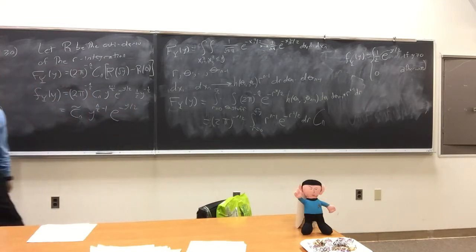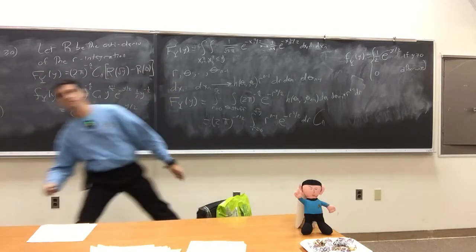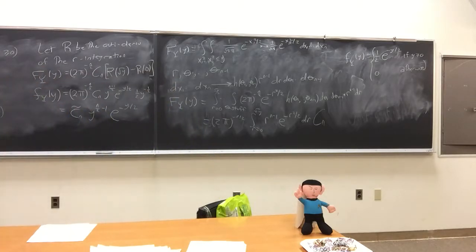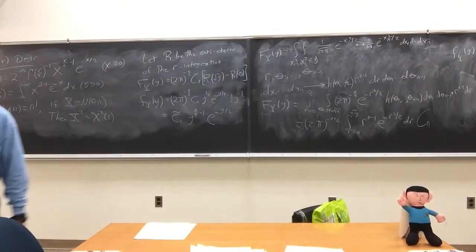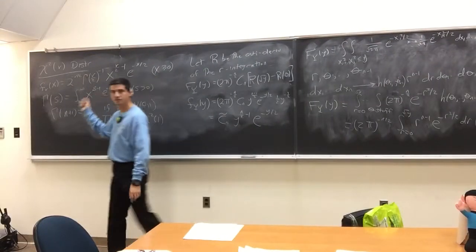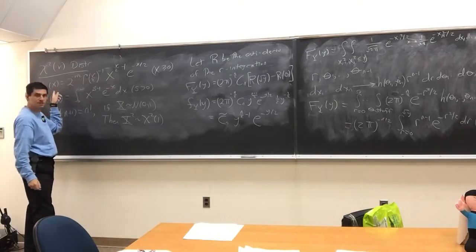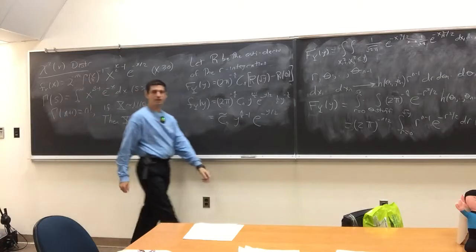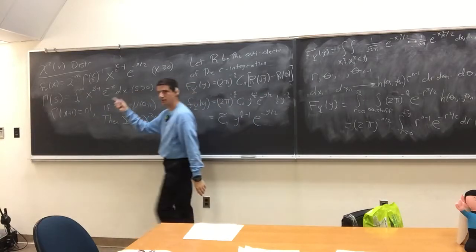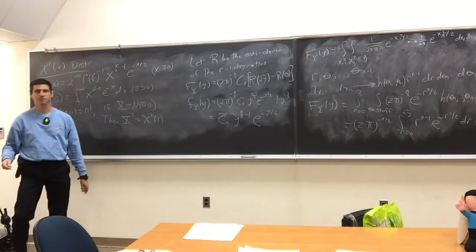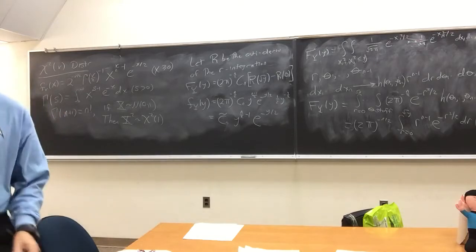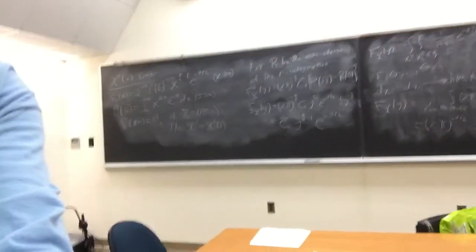If I've done things correctly, I have not erased everything I need from the board. And we should be able to come back over here and look and see what is the density of a chi-squared distribution.